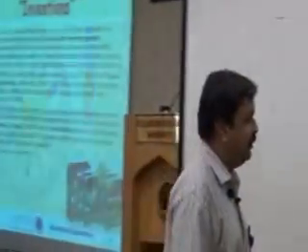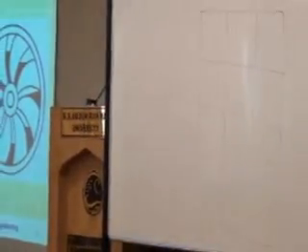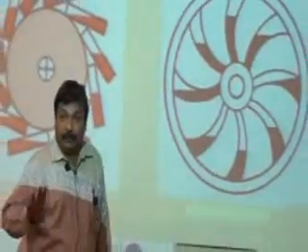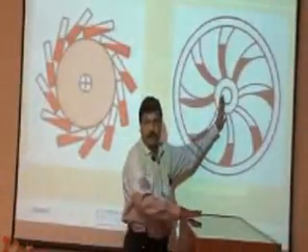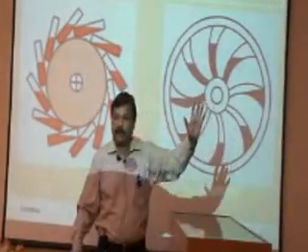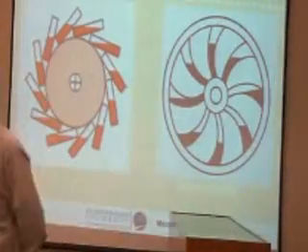So can we go back to the first slide, probably? Yes. There is another way, which I tell you is very deceptive. In this particular position of the wheel, if you calculate the net moment, there is a net moment acting in the clockwise direction.